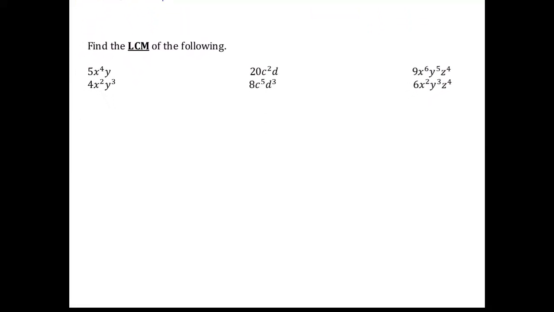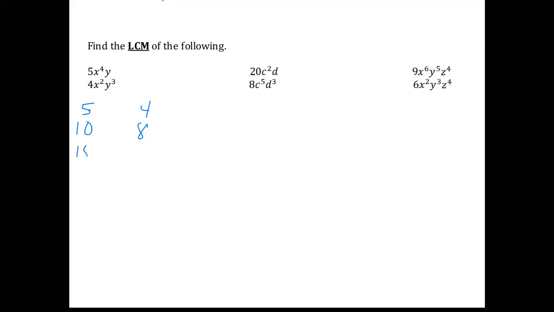Now, to find LCM, first we want to take our two numbers, and I'm going to write a list. So I'll write a 5 over here and a 4 over here, and I'm going to start multiplying. I'll start with the smaller one. 4 is smaller, so 4 times 2 gets us 8. Let's pop back over here and advance the 5. 5 times 2 gets us 10. I'm just going to keep going back and forth until they match.